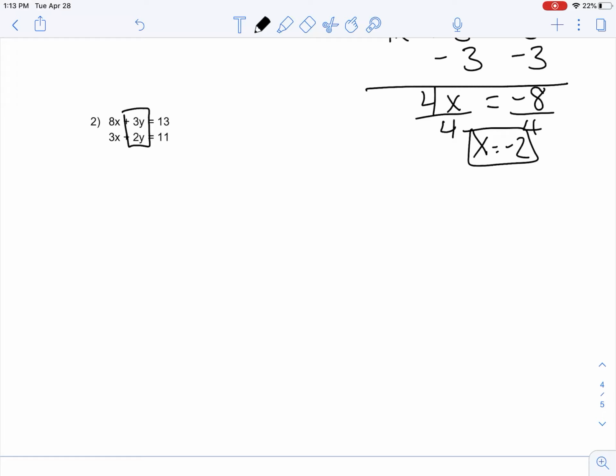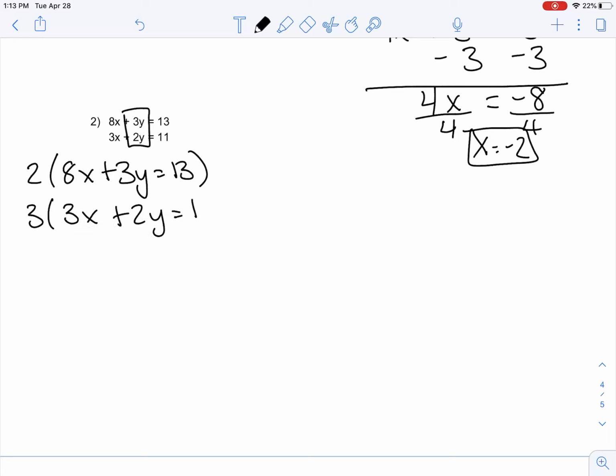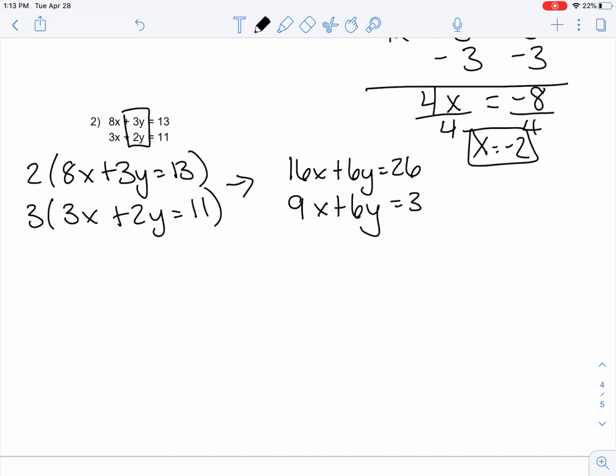So multiplying the whole top equation by 2 and the bottom equation by 3 so that our y values will cancel. And that will give us 16x plus 6y equals 26. And 9x plus 6y equals 33.